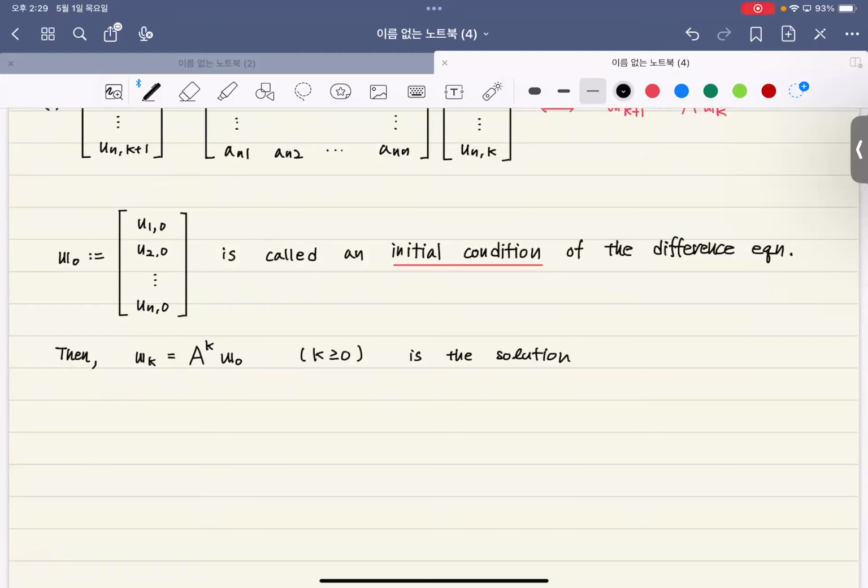In general, there is no easy way to compute A to the power of k, but suppose that A is a diagonalizable matrix. Then everything becomes so much easier.